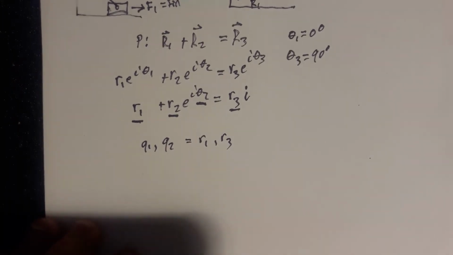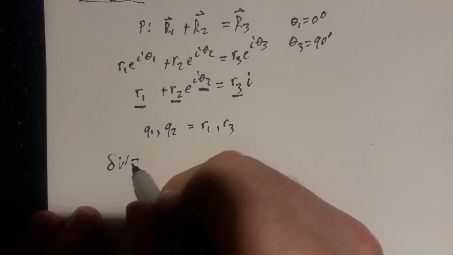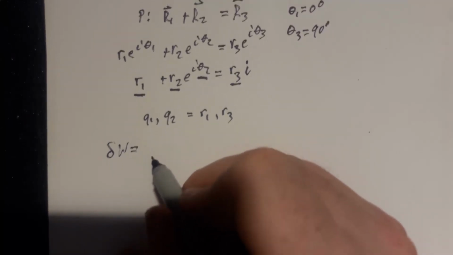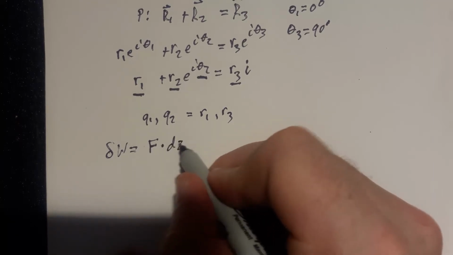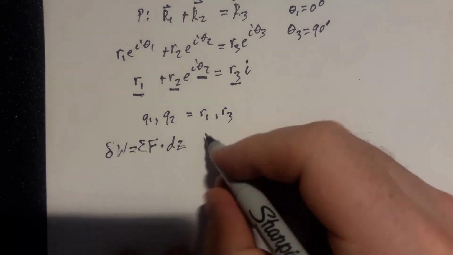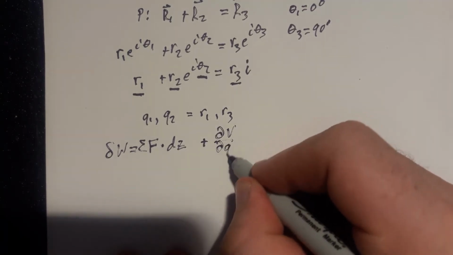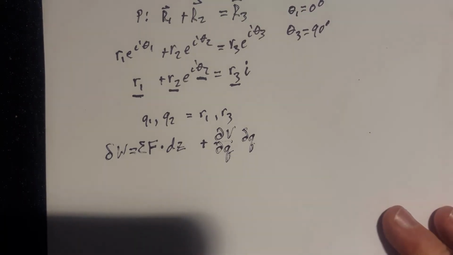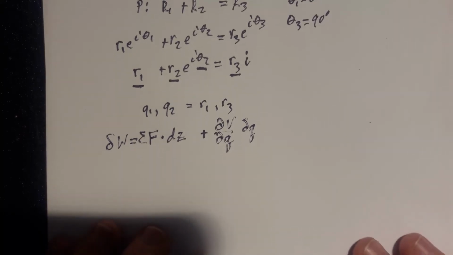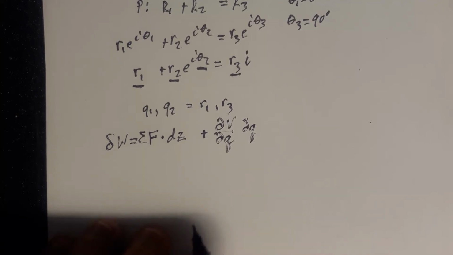Now, our virtual work equation, virtual work is going to look like the sum of F dot dz for all our forces, plus dV dq dq. Okay, and so this dz has to be ideally in the direction of the force, and we've got some that work very nicely for that.